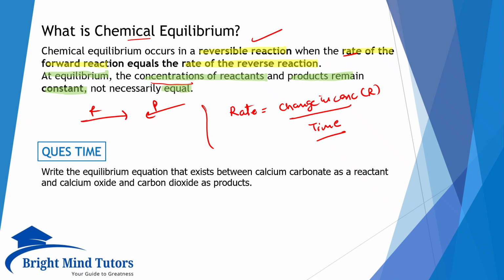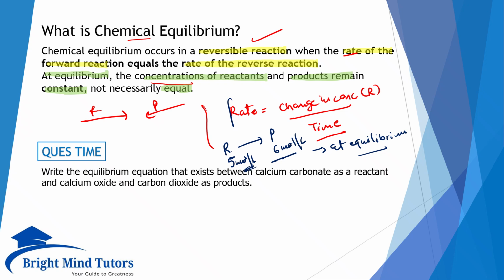Suppose I have a reaction, a reactant forming a product, and at equilibrium the reactant is, say, 5 mole per liter and the product is maybe 6 mole per liter. They could be this at equilibrium. The concentrations aren't equal, but the rates are equal.